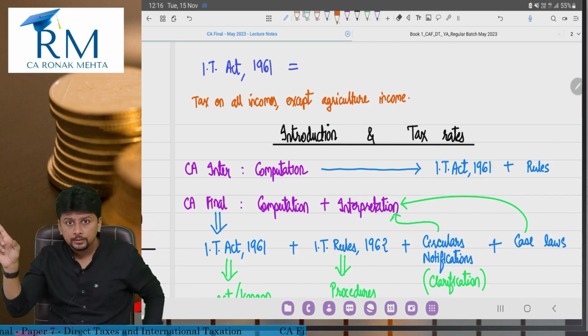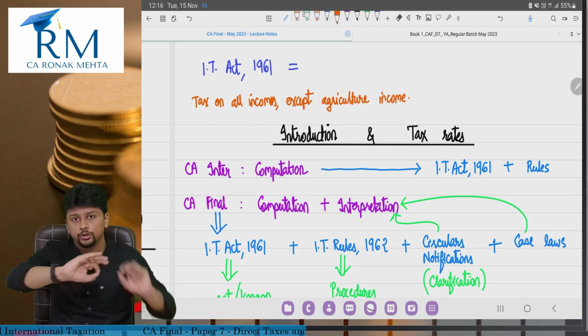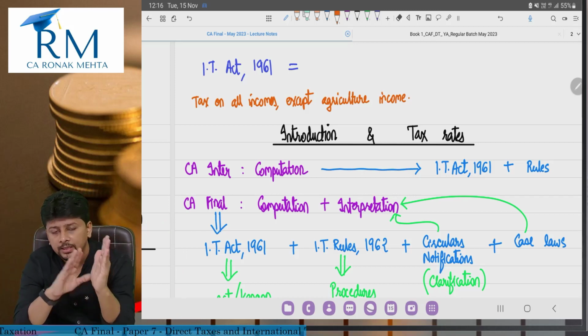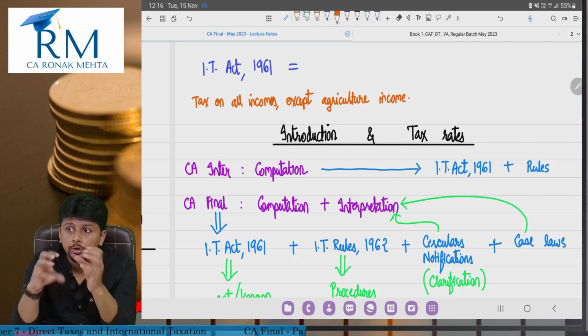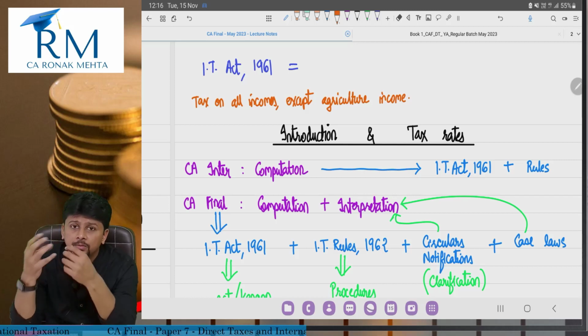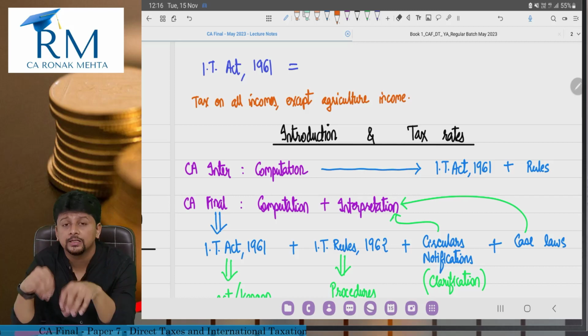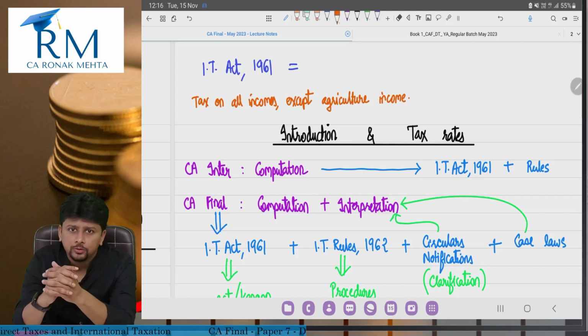The state list covers agriculture. The Constitution of India has given state governments the power that if you want, you can create a law in your state to collect some type of tax, not income tax, on agriculture products. But state governments also refrain from it.